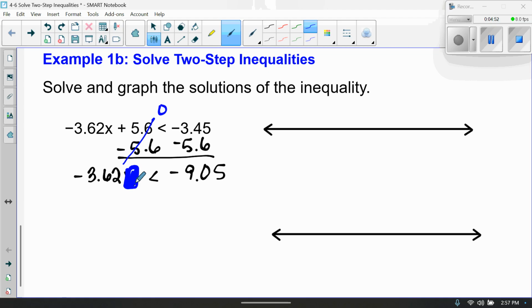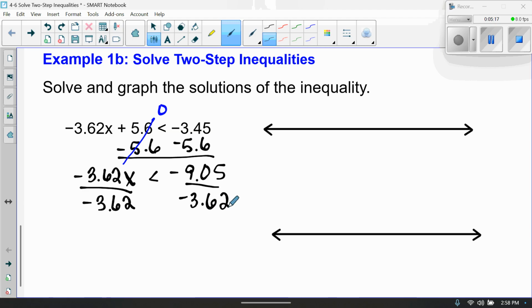And now, to get this x by itself, we need to get rid of the negative 3.62. Now, because this says negative 3.62 times x, how do I get rid of the negative 3.62? We're going to divide. Very good. So we are going to divide by a negative 3.62 on both sides. Now, what did we just divide by?